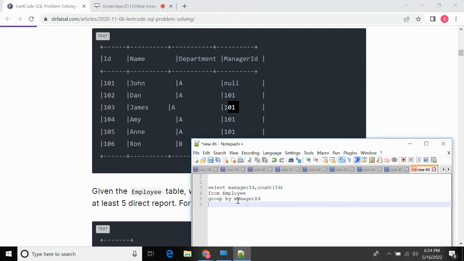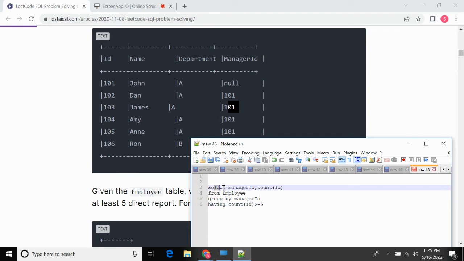And then we have to find out those managers who have at least five reports, right? Having count of ID greater than or equal to 5, right?